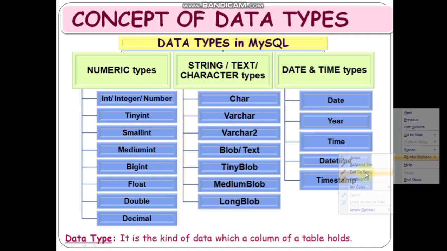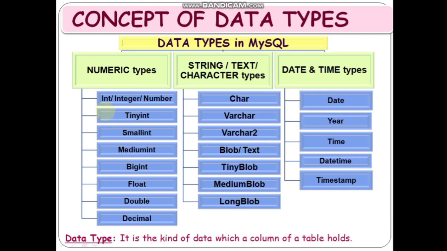Now, in case of numeric type, we have int, integer number, tiny int, small int, medium int, big int, float, double and decimal.